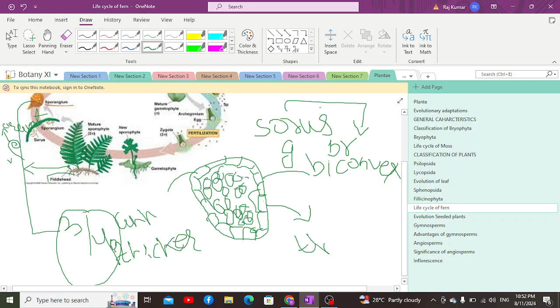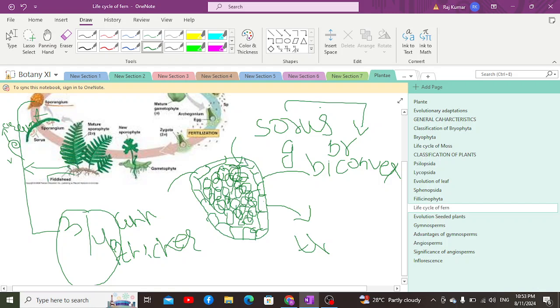As a result, the sporangium becomes denser, and it starts to exert pressure on the annulus and the cells which surround the annulus and stomium.